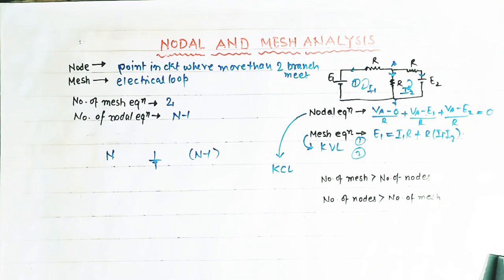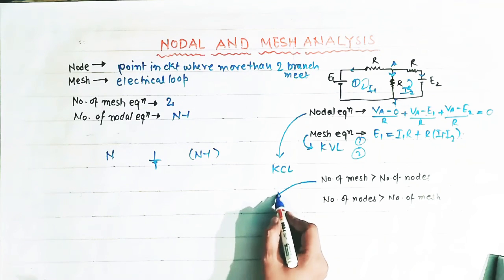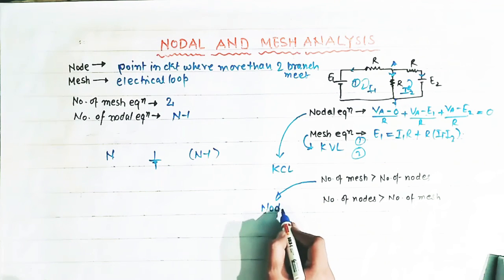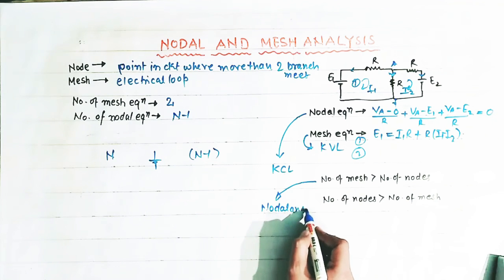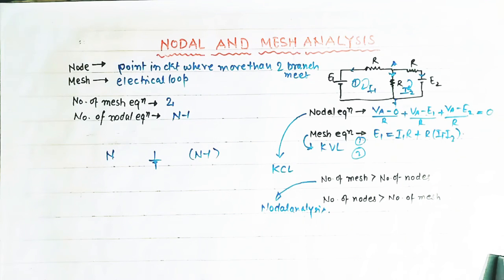Now in a circuit, if the number of meshes is greater than the number of nodes, in this case it is better to apply nodal analysis. Why? Because we will get a lesser number of equations.